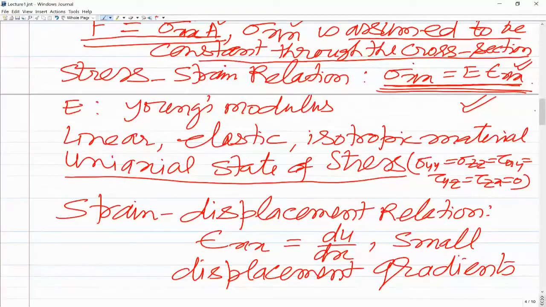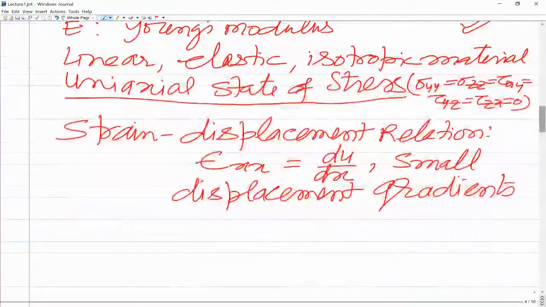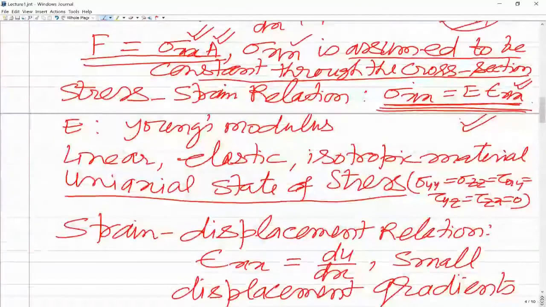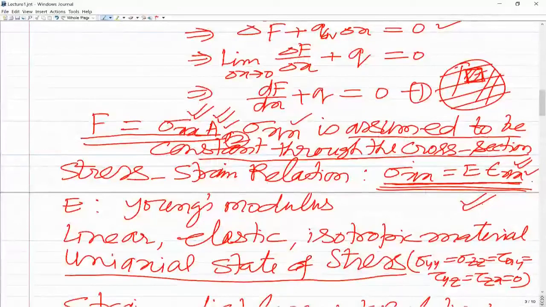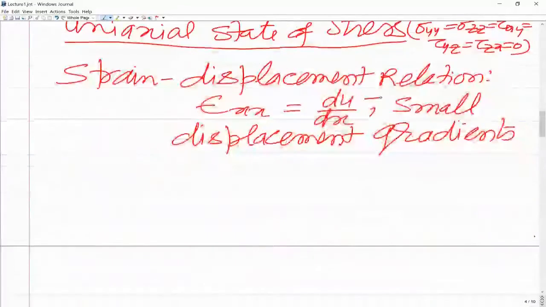So now we have epsilon xx equal to du by dx. You put it here, so you can get sigma xx as E into du by dx. And then when you put it here, you can say F is equal to E into A into du by dx. So you use these three equations. Let me call this equation 1, this equation 2, this equation 3, this equation 4.